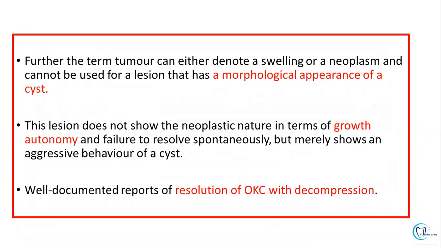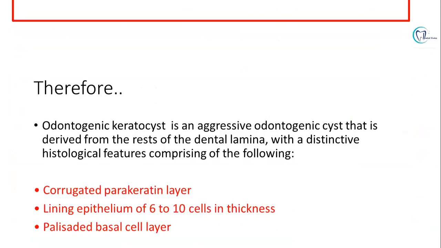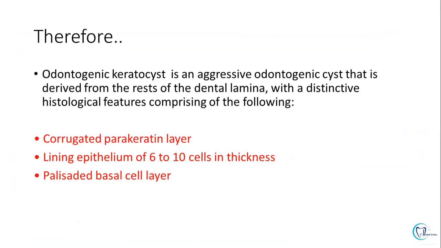However, this OKC, there are well documented reports that it undergoes resolution with decompression. Therefore, it merely shows an aggressive behavior of a cyst, because of which it was further confirmed that odontogenic keratocyst is an aggressive odontogenic cyst, not a tumor.